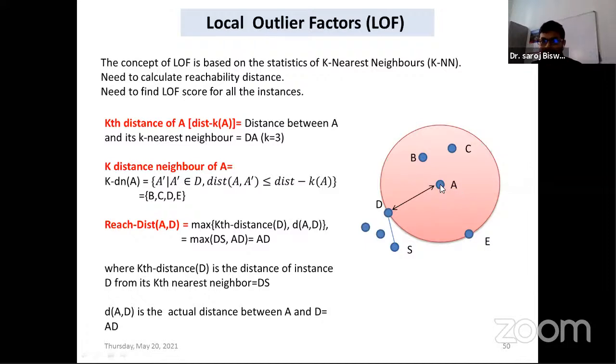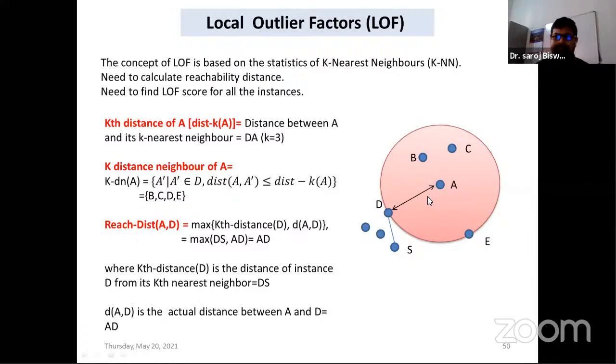If you look at A, the first nearest neighbor is B, the second nearest neighbor is C, and the third nearest neighbor is D and E, because we made a circle here. The distance from A to D and from A to E are the same, they are equidistant. That's why we can say the third nearest neighbor for A is D or E. The distance is the same because it is the radius of a circle.